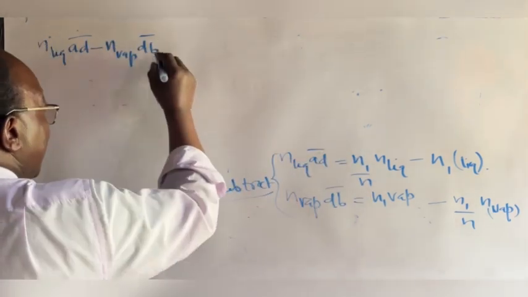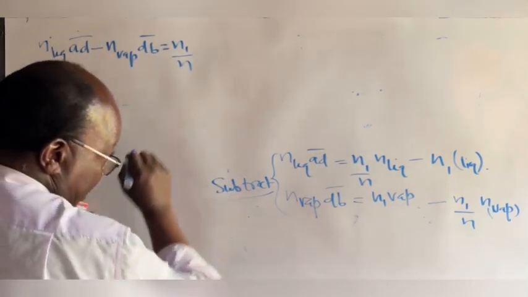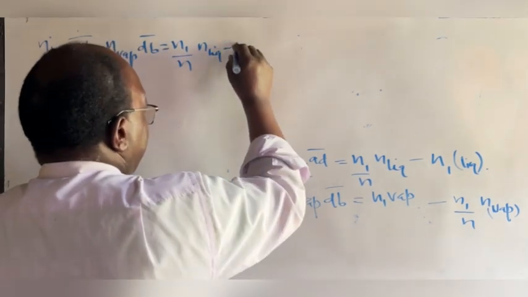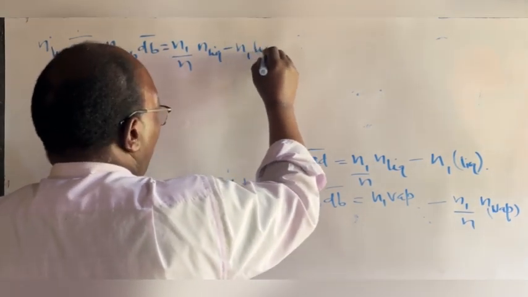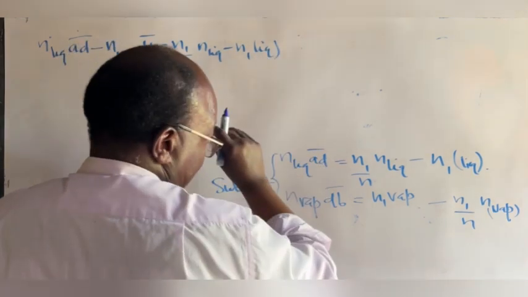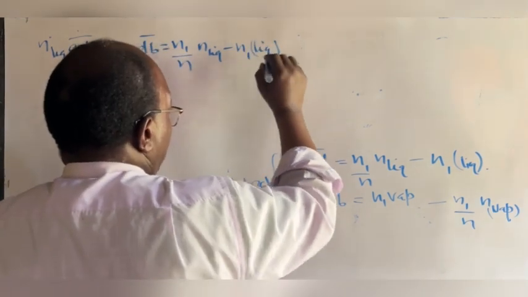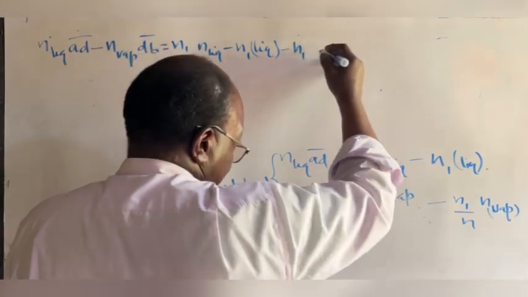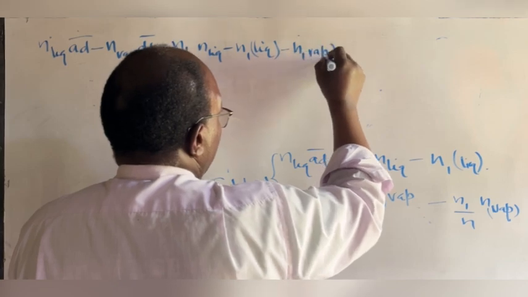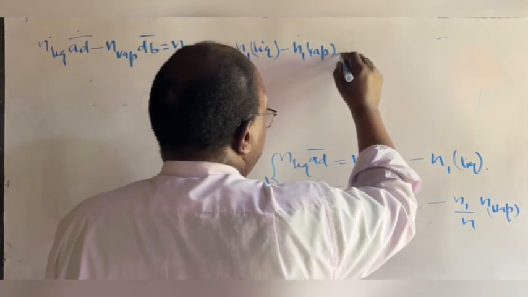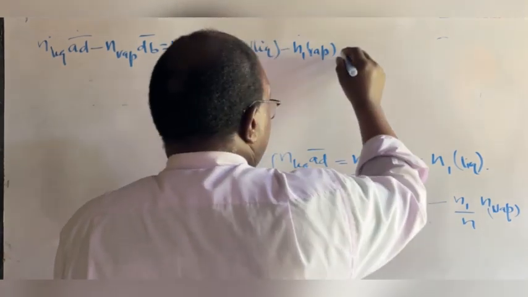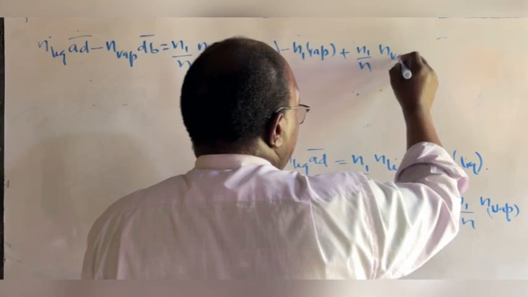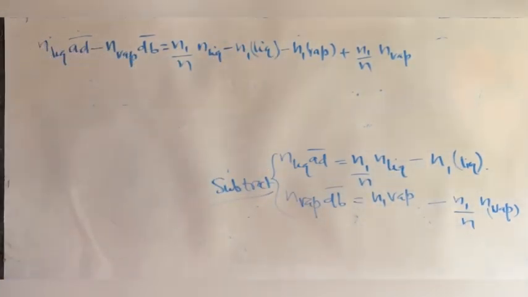That will be N1 over N, N liquid minus N1 liquid, minus N1 vapor, minus, that is plus N1 over N vapor. So we have just subtracted this quantity from that.